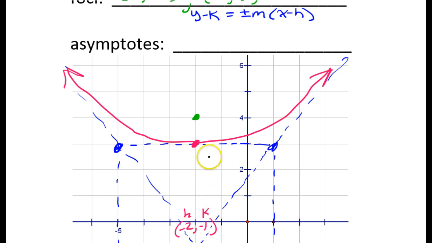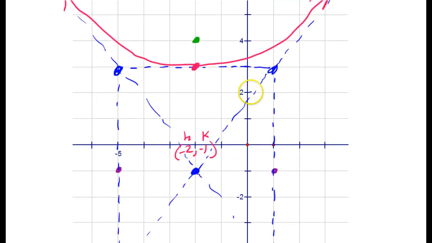So this -1 is going to come right here where the k is and become y plus 1. All right, it becomes the opposite. Okay, now the x minus h. See, this -2 is going to come right here and become x plus 2. All right, it's just the opposite of this. So now all I need is plus or minus the slope. Look at this portion of the asymptote right here.